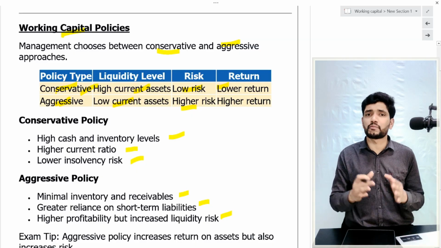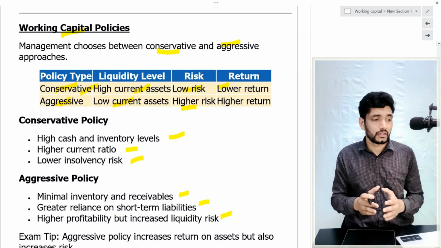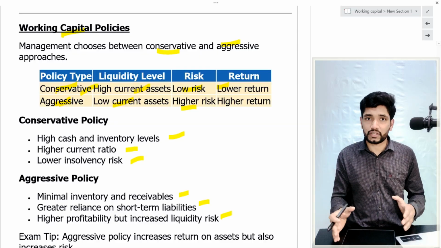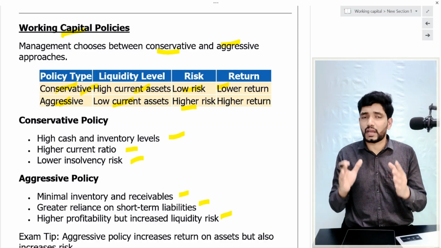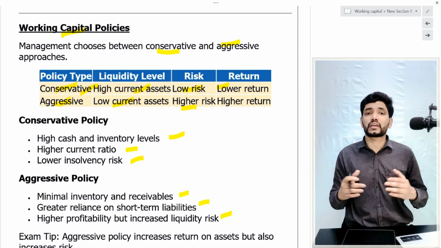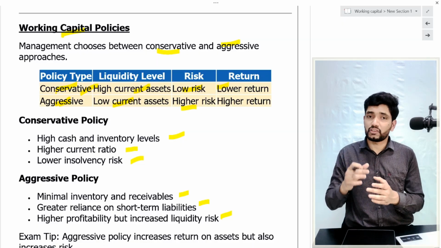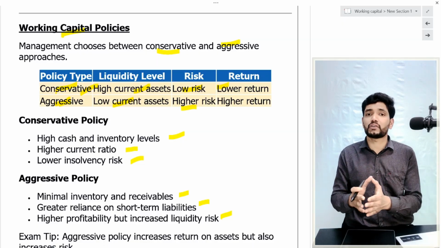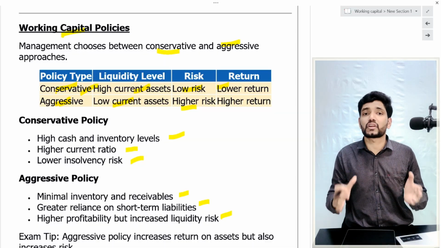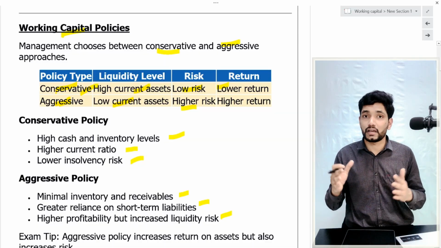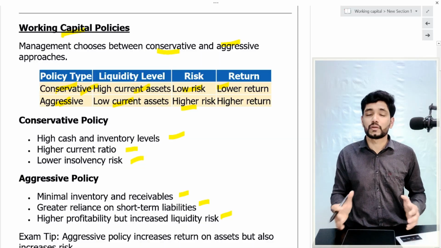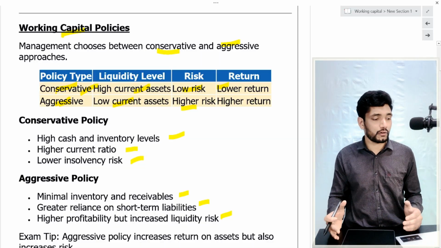So these are the two approaches companies use to manage working capital policies. Based on the company's policies and requirements, the company will choose how aggressive and how conservative its working capital policy should be. This can be decided company to company or case to case, based on the scenario requirements.